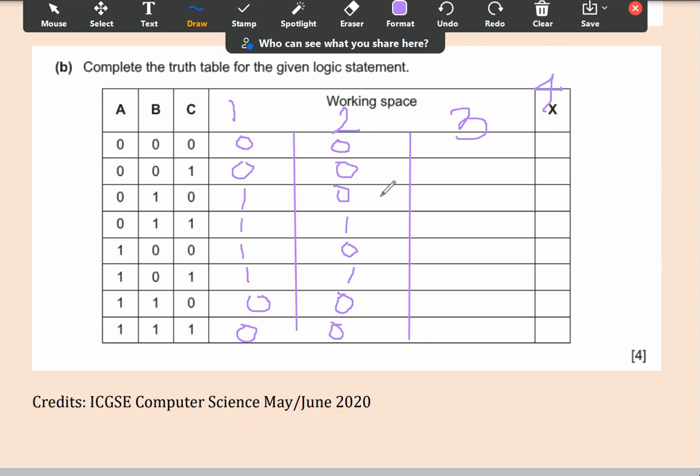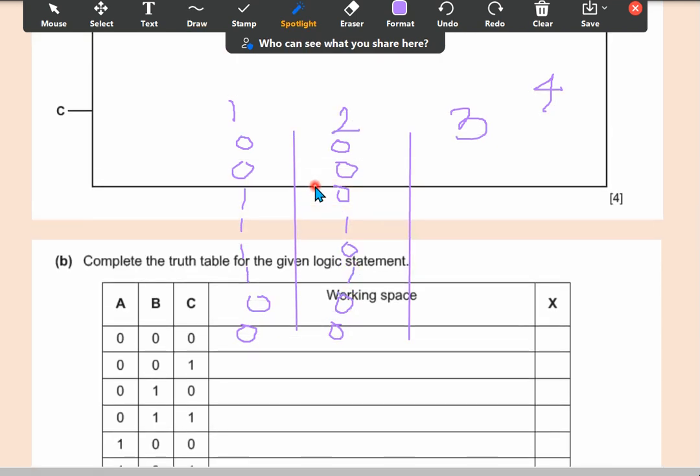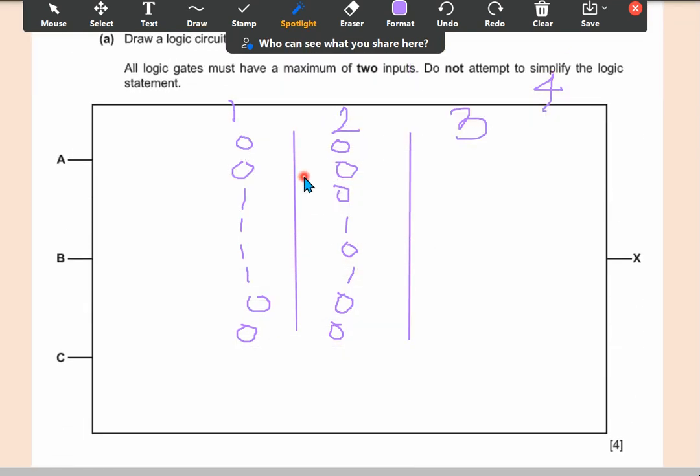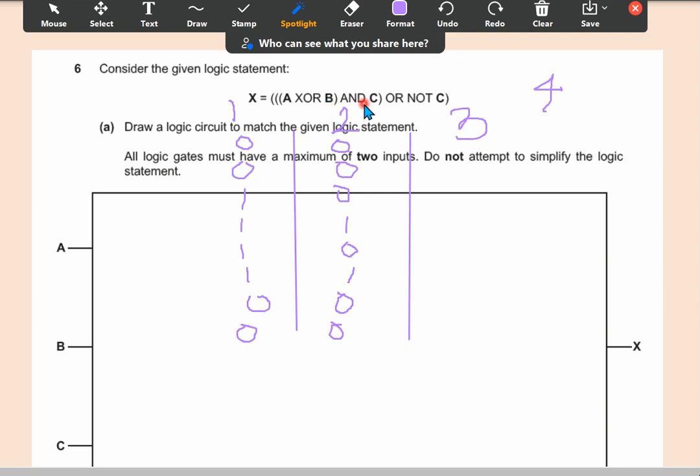Now for the third gate, we found out a while ago that it's the not C gate.